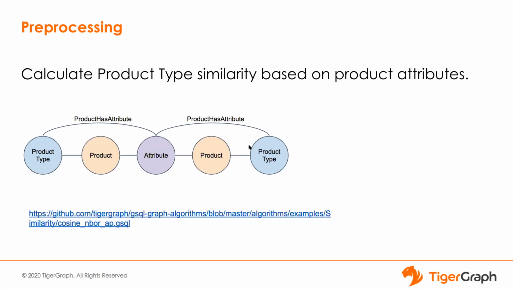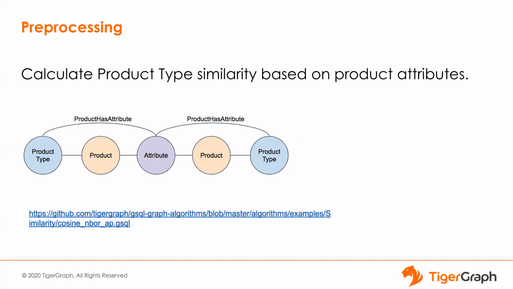If we think about it, now the product types are very far away. So the difficulty of writing this similarity algorithm is super high. It's really hard. I tried that and I had a hard time writing it.